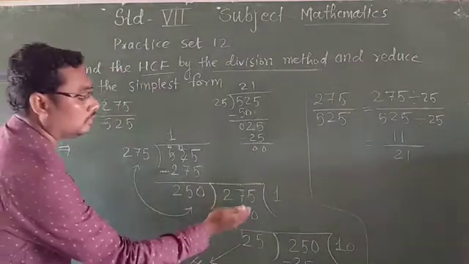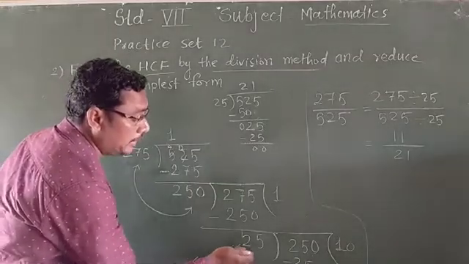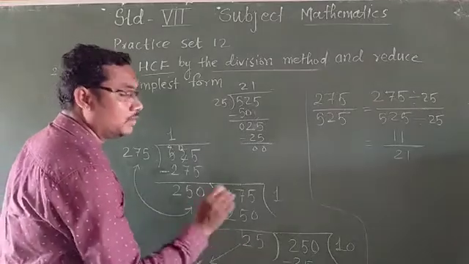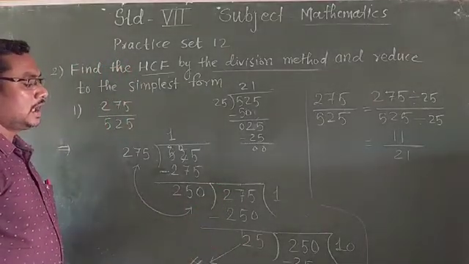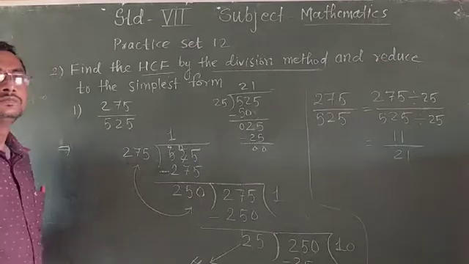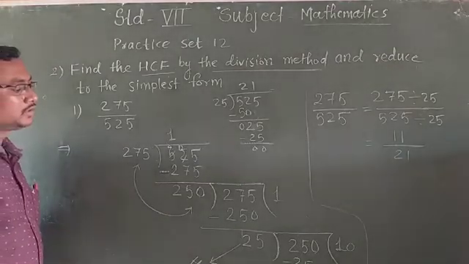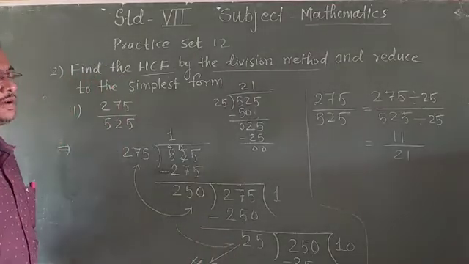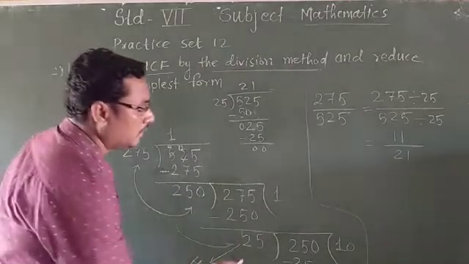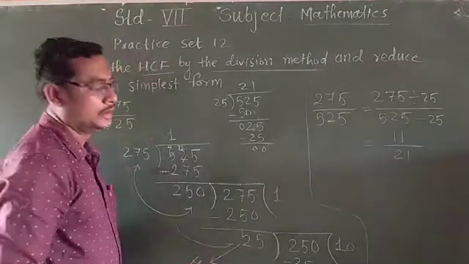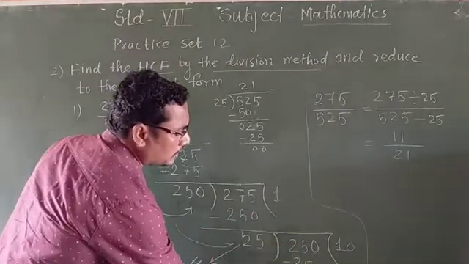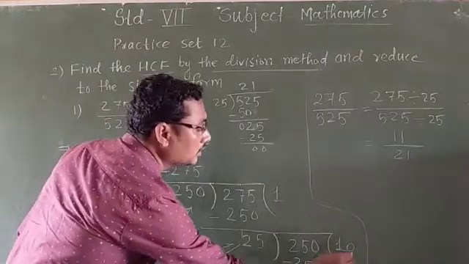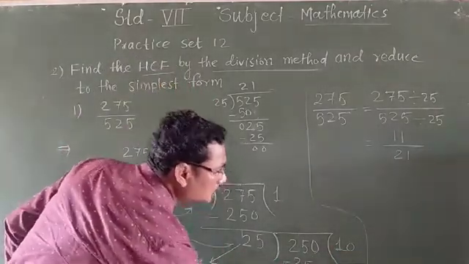Now the remainder is 25. This remainder becomes the divisor, and we take 250 as the dividend. Do it in the same way: 250 divided by 25. 25 times 10 is 250, so 5 minus 5 is 0, 2 minus 2 is 0, and we get remainder 0.